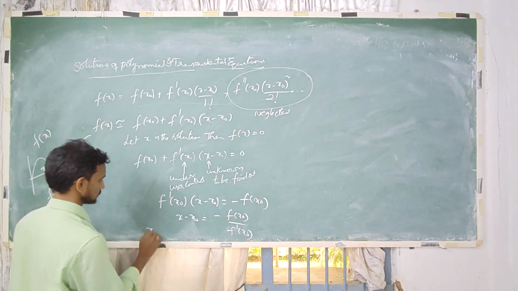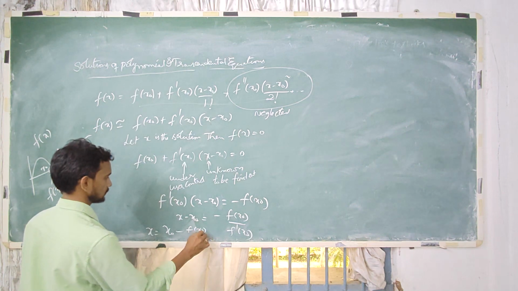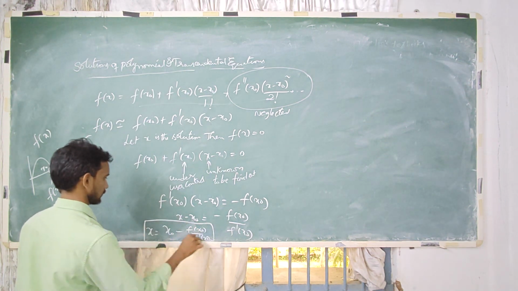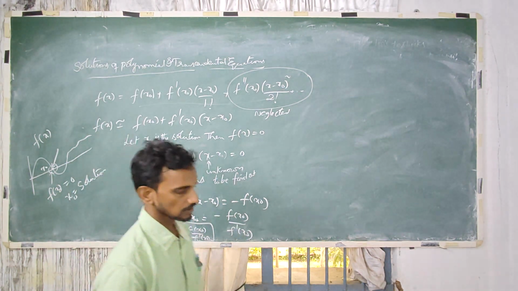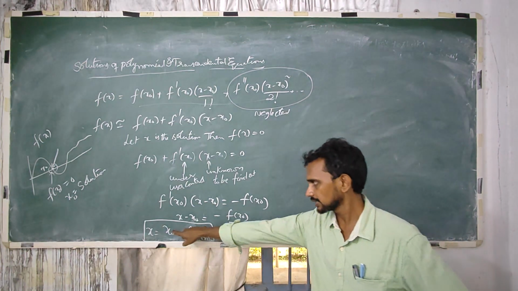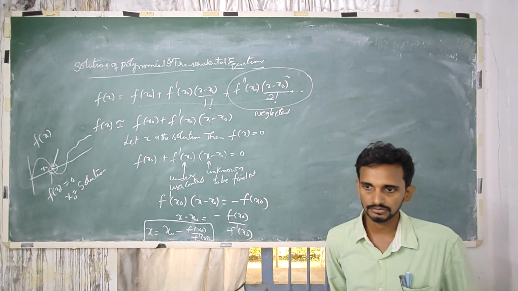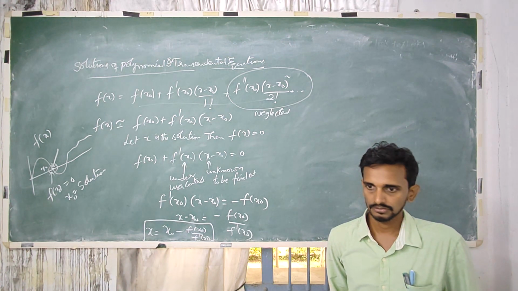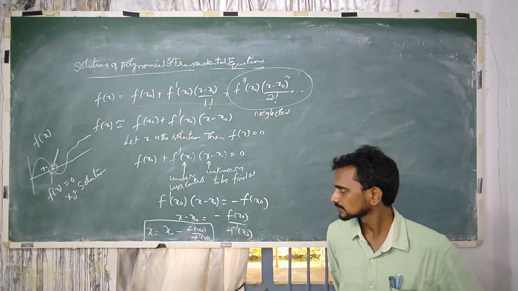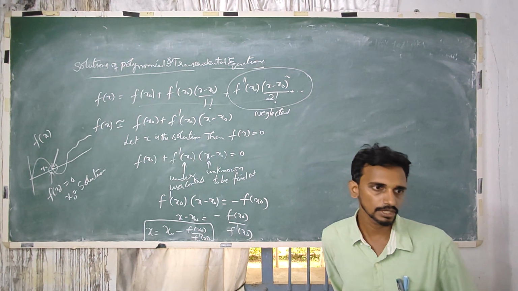In other words, x = x0 - f(x0)/f'(x0). This is the approximate estimation for the solution: x0 - f(x0)/f'(x0).